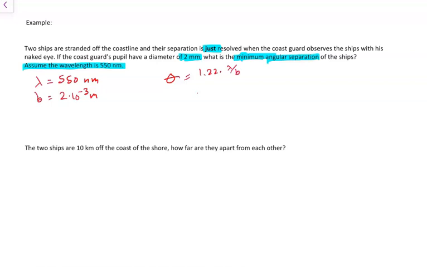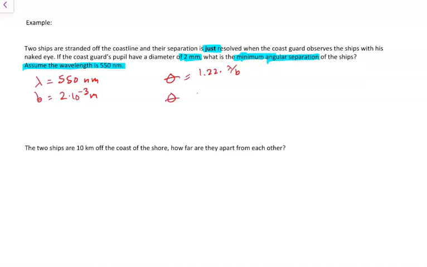If the angular separation was greater than this, then we would see it as fully resolved, and they'd be even further apart from each other, or closer to your eye. But they are just resolved.